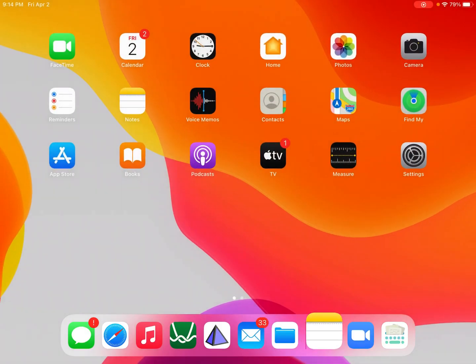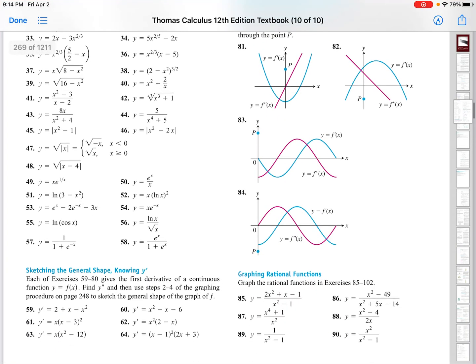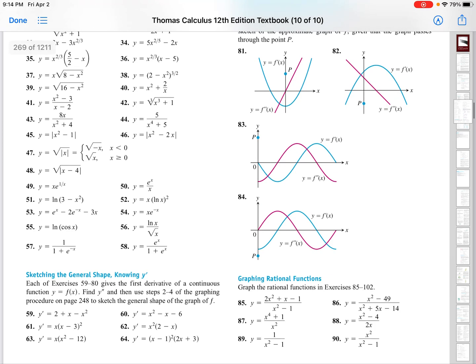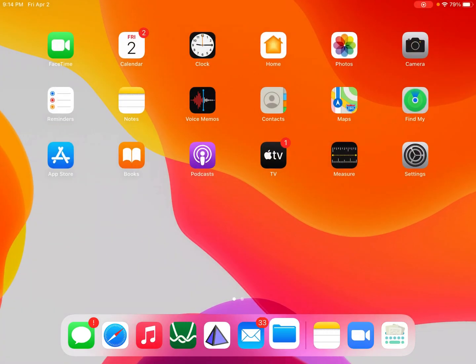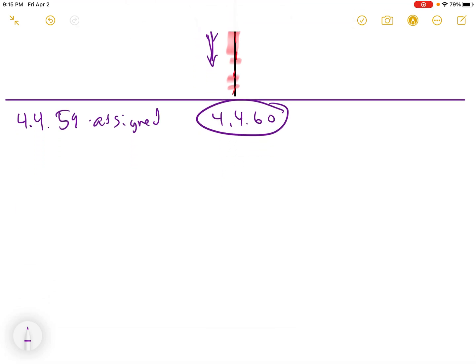Hold on. Right, I assigned 59, and since I didn't assign any other in the section, I'm going to do 60, which is just exactly like 59.